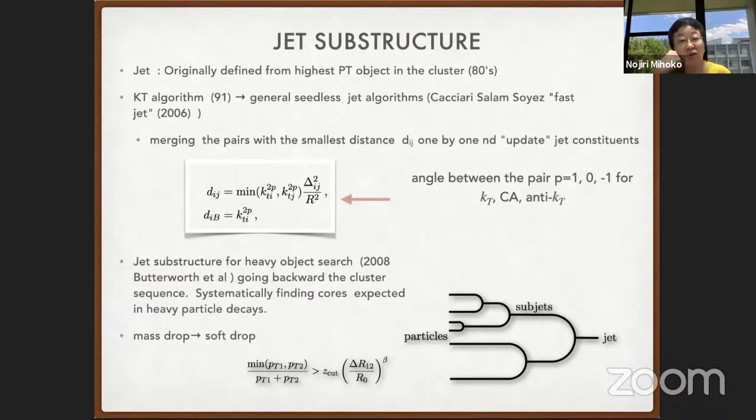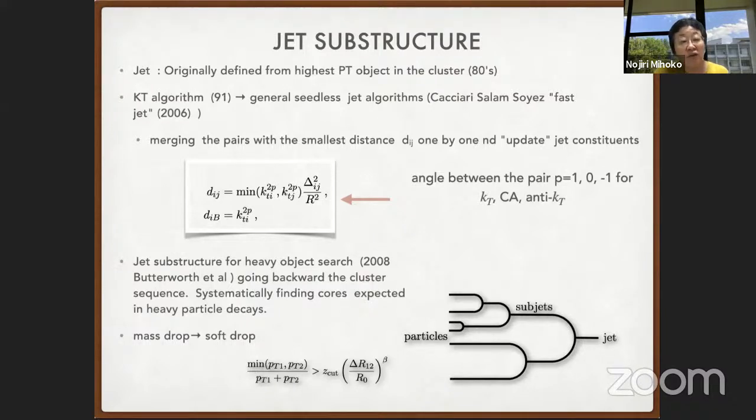Jet was originally defined from the highest pT object in the cluster, that is in the 80s. But now people started to find more stable algorithms, and the first one invented is the kT algorithm in 91, and then it becomes a general seedless jet algorithm. The most important development in this field is the anti-kT jet, that is 2006, so only 15 years ago.